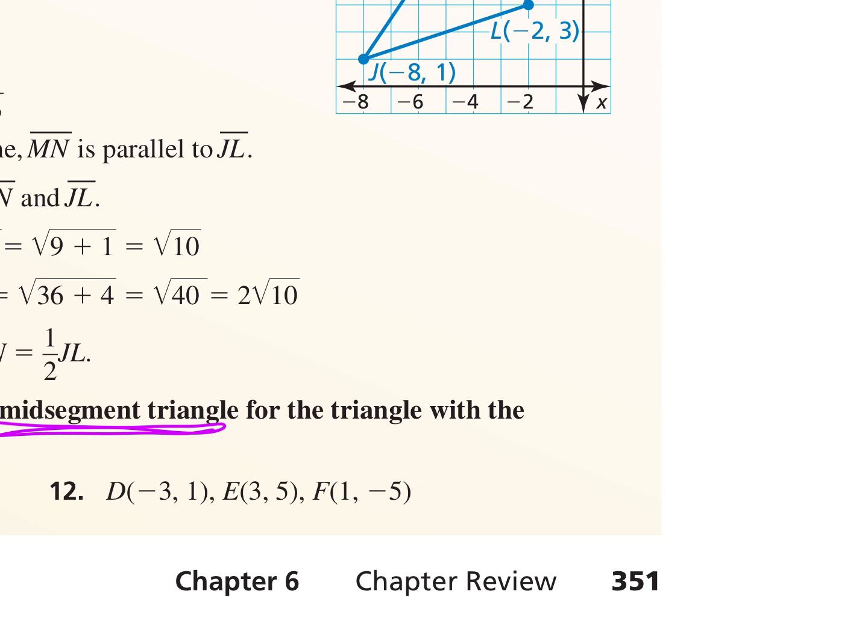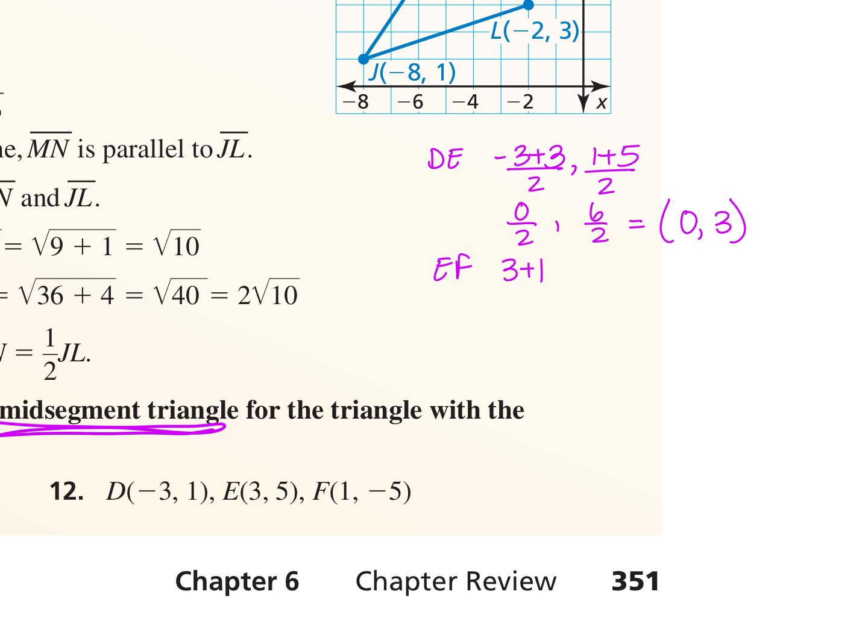But looking at 12, I'm going to have DE. For DE, I'm going to have -3 plus 3 over 2, 1 plus 5 over 2, 0 over 2 and 6 over 2. It's going to give me 0, 3. EF, 3 plus 1 over 2, 5 plus -5 over 2.